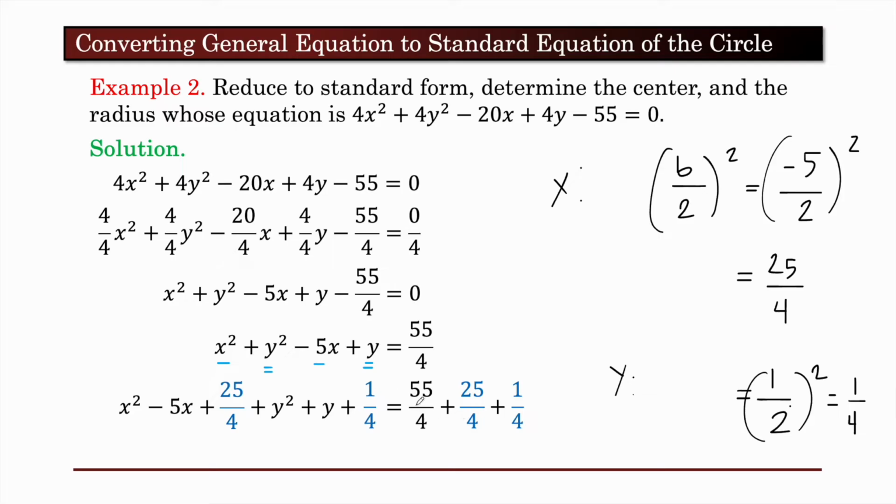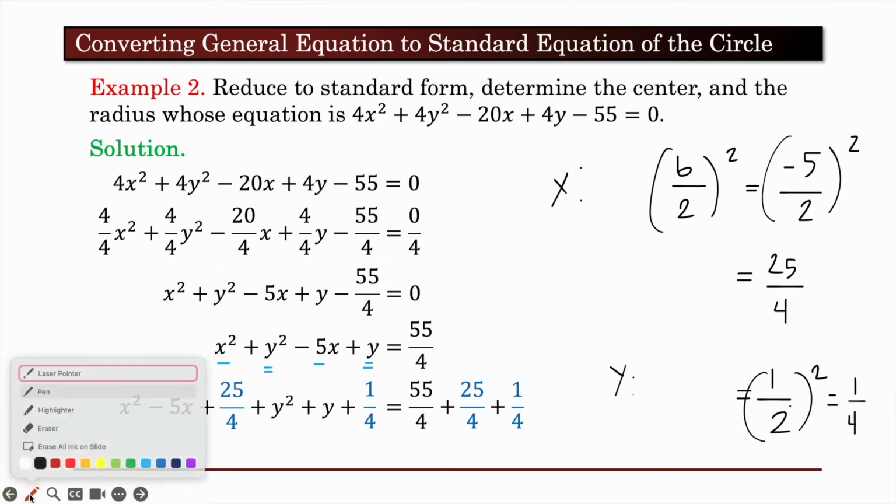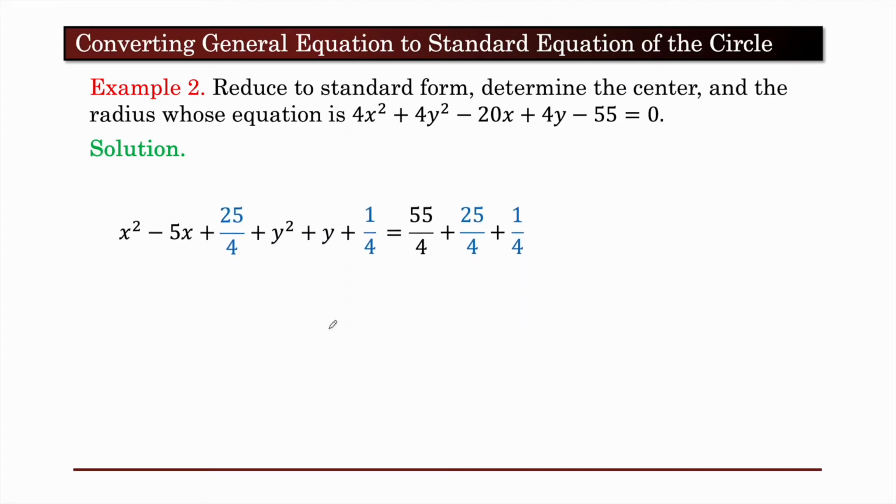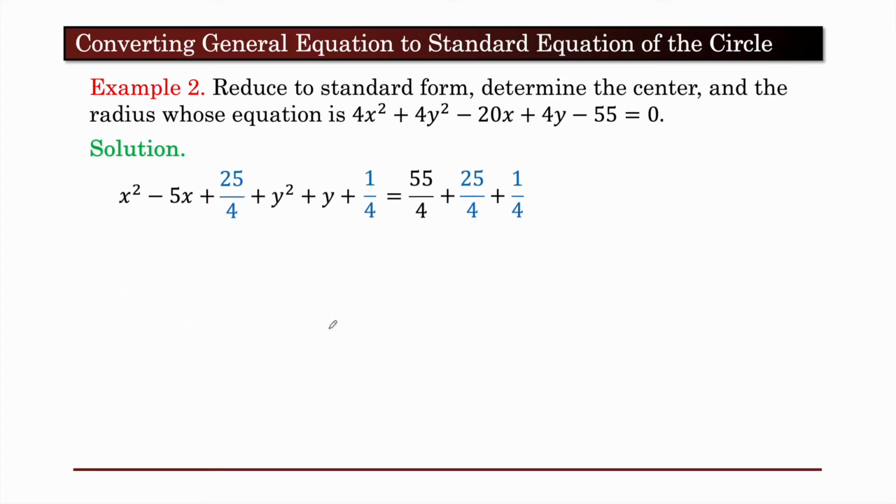Now let us try to factor the x term. The factor of the x term is x minus 5 over 2 raised to 2, or x minus 5 halves raised to 2.